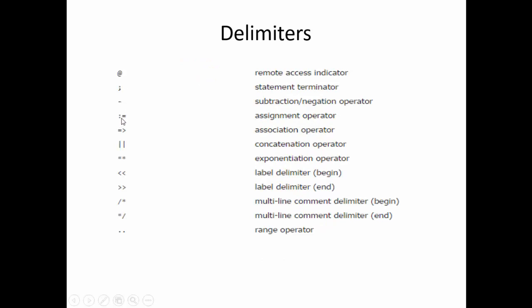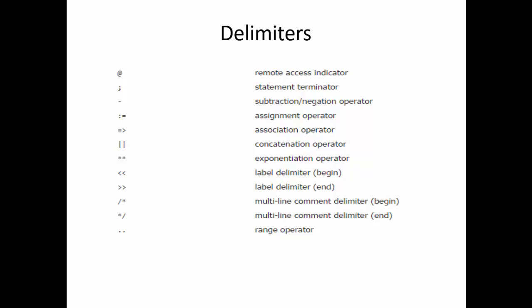Look at this, colon equals is an assignment operator, and we use it to assign values to variables. And we have the concatenate operator, to join two expressions or two variables. And double star is the exponentiation operator.